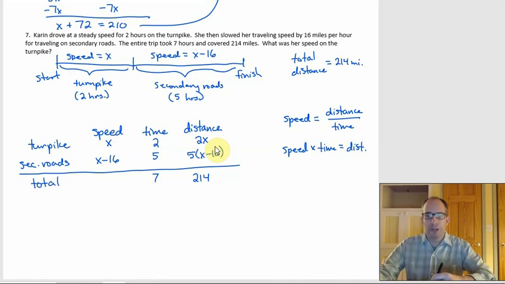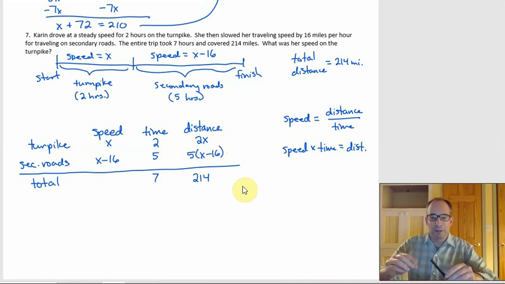But then the total distance, the 214 down here, would have to be equal to the distance she traveled on the turnpike plus the distance that she traveled on the secondary roads, right? So look, even when you have this type of problem where it's about constant speeds, it kind of looks like a mixture, doesn't it? We've got the table.